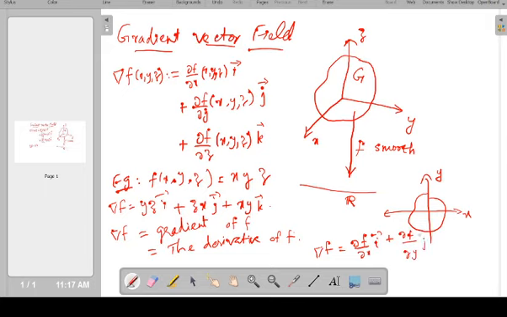Only two components will be there. So this is the definition of del f for a function defined over a region R in the xy plane, and f is from this R to the real number system.